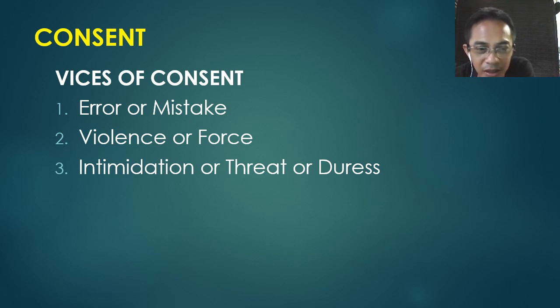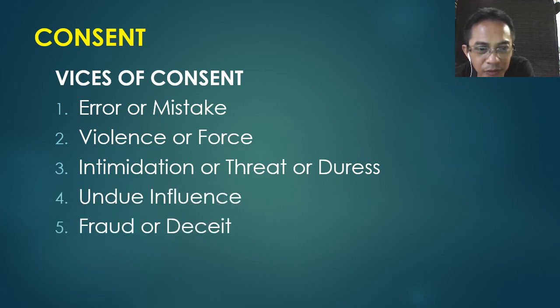May hitting. While sa number 3, tinakot lang. Okay, sa isip lang ang number 3. Number 4, undue influence. And number 5, fraud or deceit. Okay. Number 3 kasi intimidation, threat, or duress. Synonymous na sila. Fraud or deceit in number 5 is synonymous.